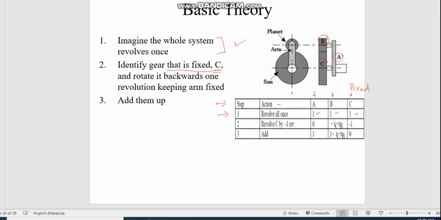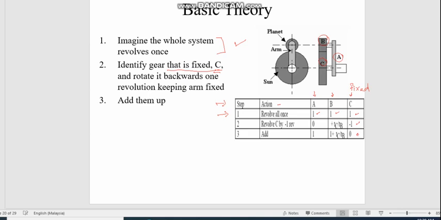And since gear C is fixed, we need to revolve it minus one, because C cannot revolve, so that the total is back to zero. So we revolve C, the sun gear, minus one.